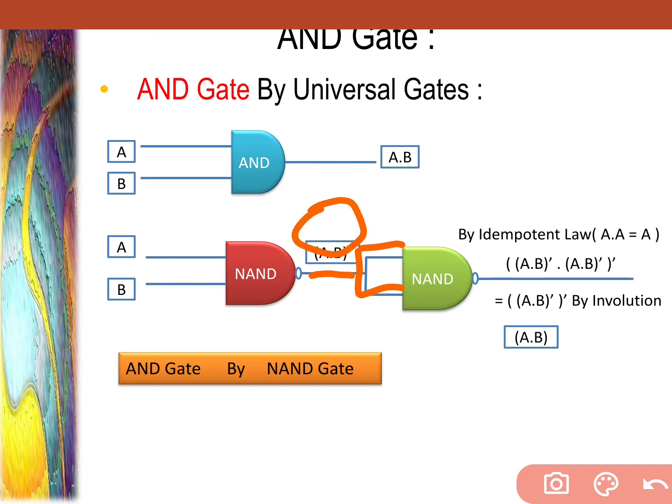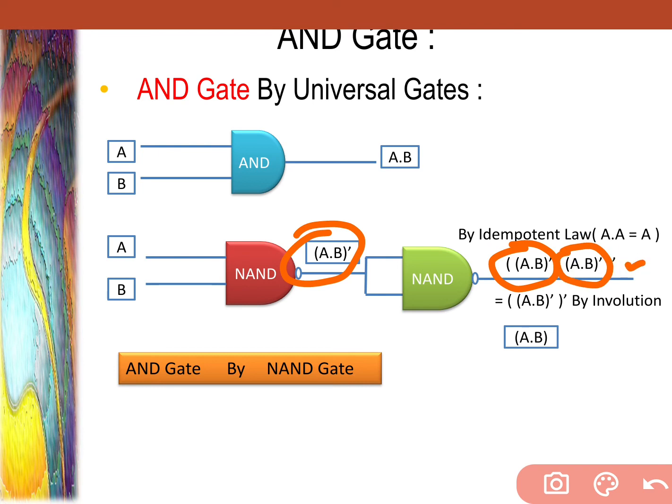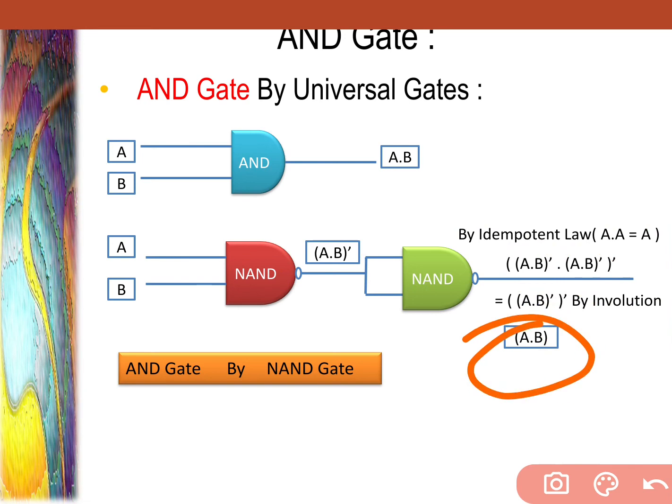We get the same thing two times with whole dash. And when we have the same thing two times, we can write it one time by using the idempotent law. That's why I have written it one time, whole dash. By involution, dash dash will be cancelled. And then we get A dot B.